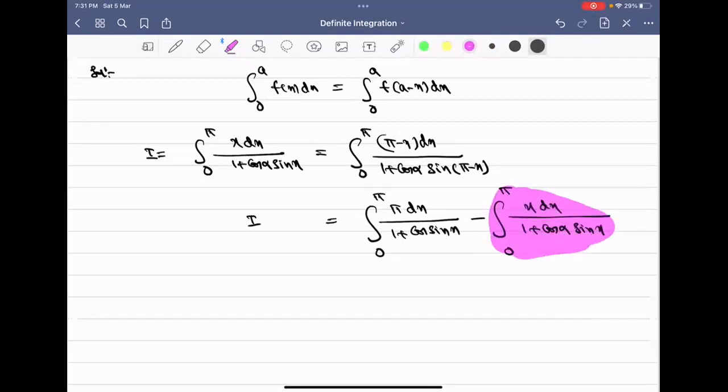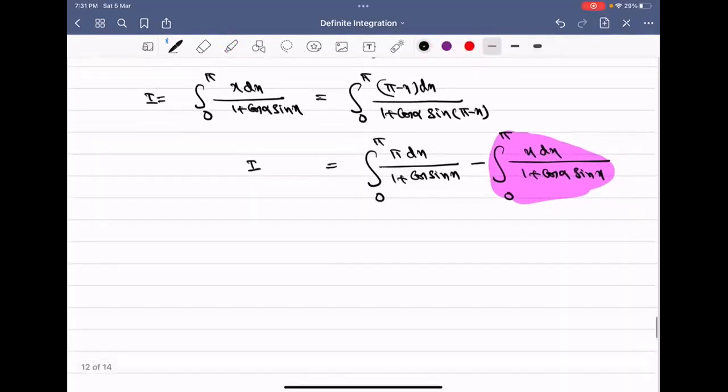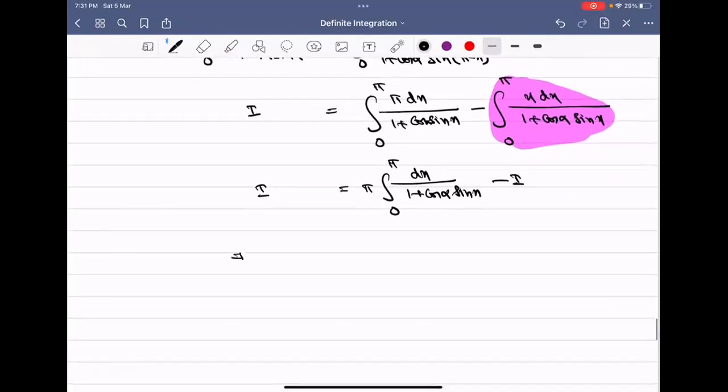I only. So now this is equal to pi into integration of 0 to pi dx over 1 plus cos alpha into sin x minus I is equal to I. So from this one, 2I is equal to pi into integration of 0 to pi dx over 1 plus cos alpha sin x.